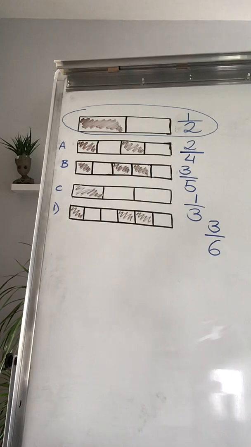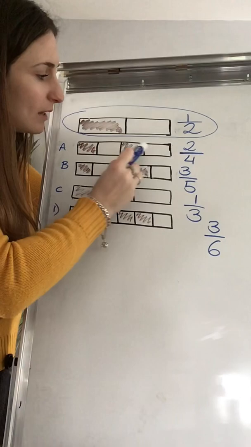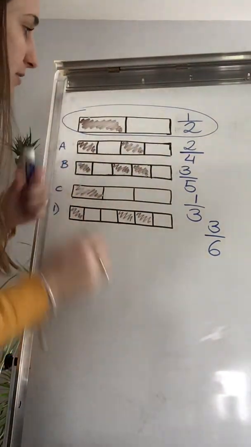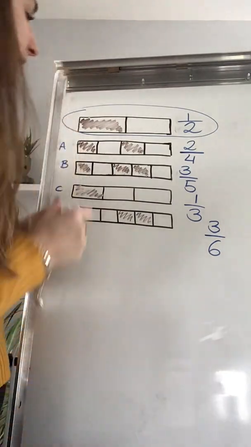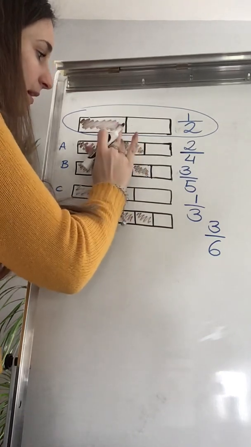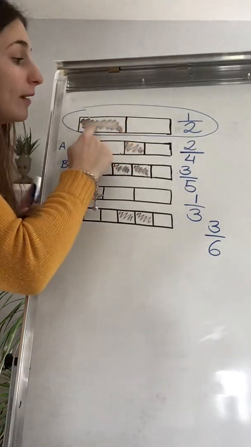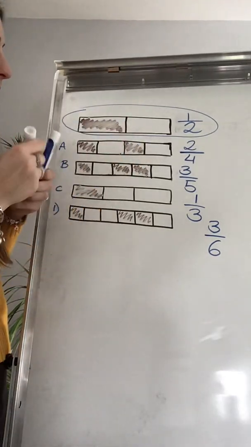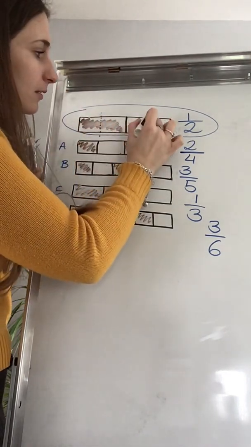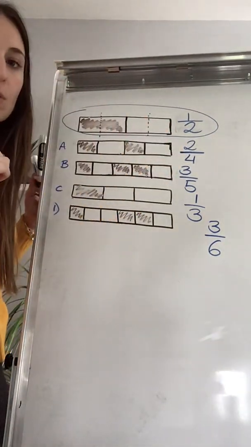So we are going to see the first one. I have 1, 2, 3, and 4. It's been broken into 4 equal parts. If I have my 1/2 cut into 4 equal parts, I will then have 1, 2, 3, and 4 equal parts.